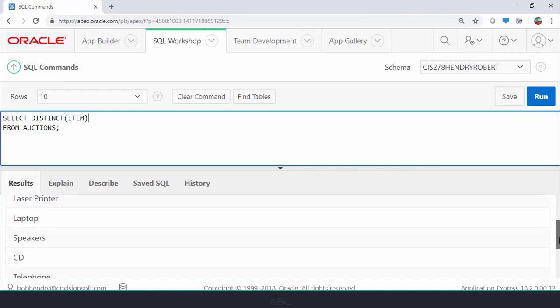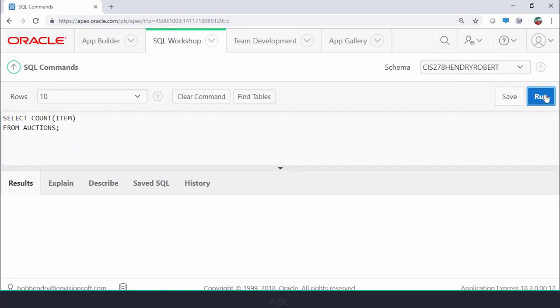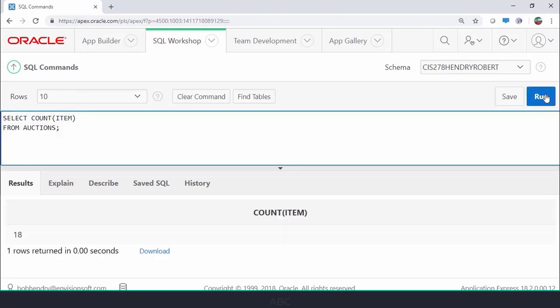Now let's make this more complicated. Let's say I want to see the number of items I have in my auctions. I can say select count, item. So you saw distinct, and now you'll see count. This says I have 18 records in here.